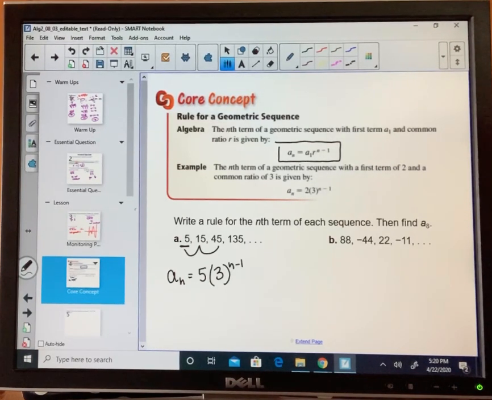Okay, so this next one, we can see is doing that positive, negative, positive, negative. So we know we're going to be multiplying by a negative. Now it's not technically geometric, but it does follow this rule. So I can say, okay, well, a1 is 88. What am I multiplying by each time? Well, I'm actually dividing by 2, so it'd be 1/2.